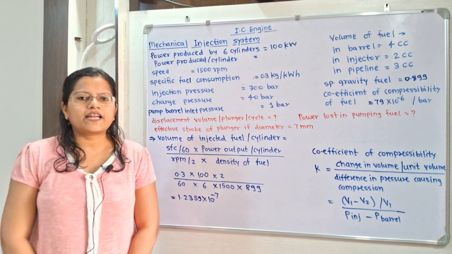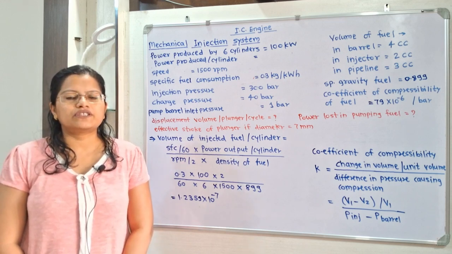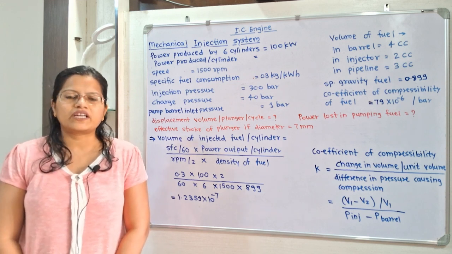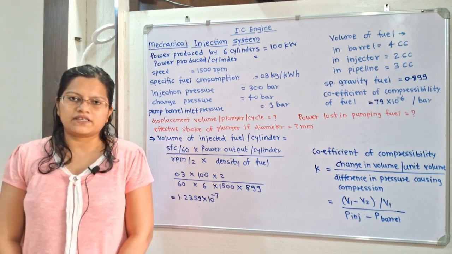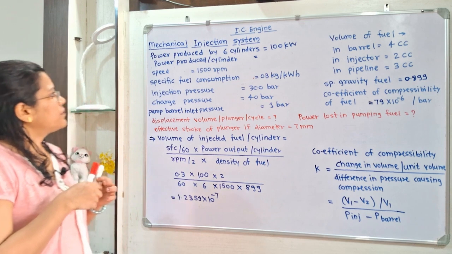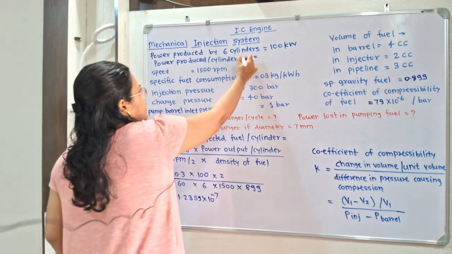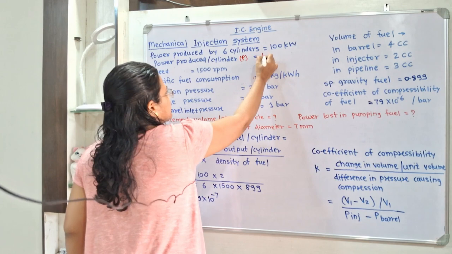Let us understand the given data. This is the 6-cylinder engine with power output equal to 100 kilowatt. So we have to calculate the power produced per cylinder. Power produced per cylinder, notation capital P, is equal to 100 by 6.